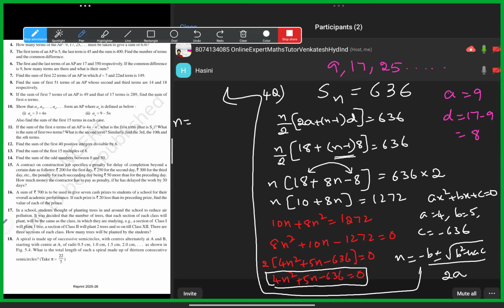Minus b means minus 5 plus or minus root of b square minus 4ac. b square is 25 actually, minus 4 into 16 into 25 minus 4. a is 4 only, Hasni, and c is minus 636.